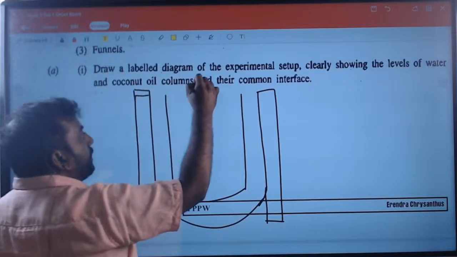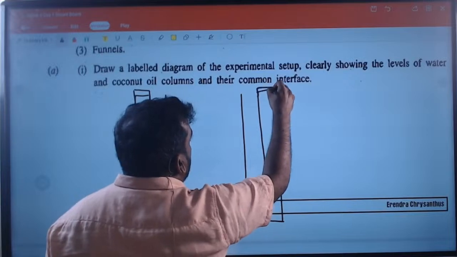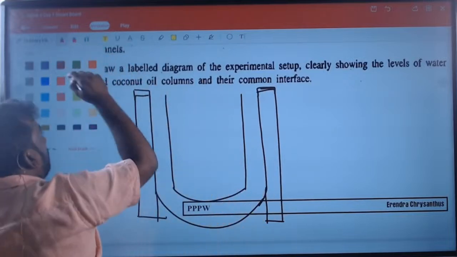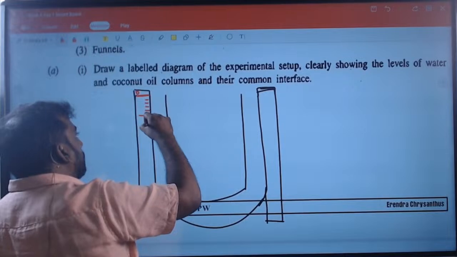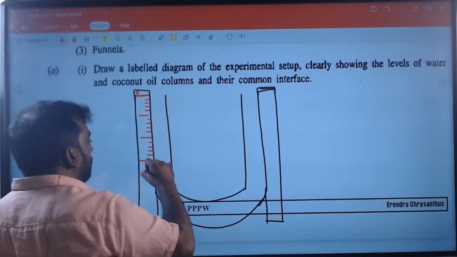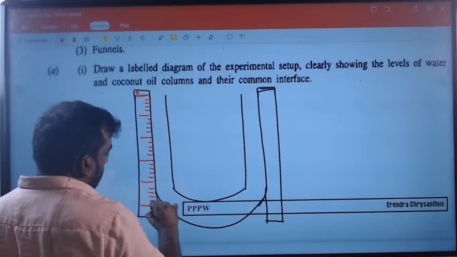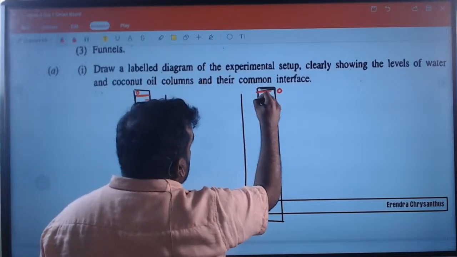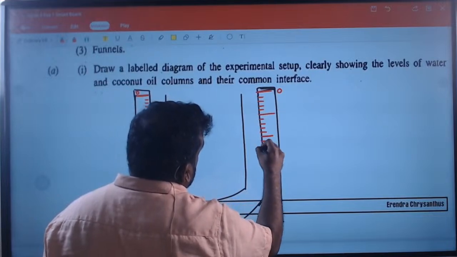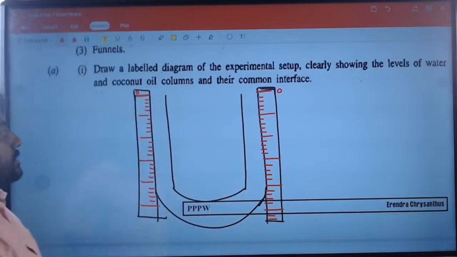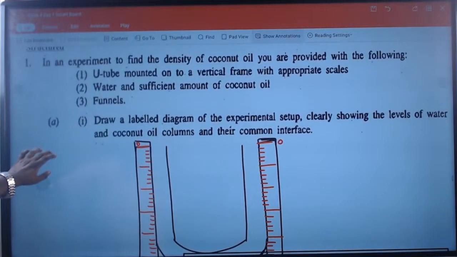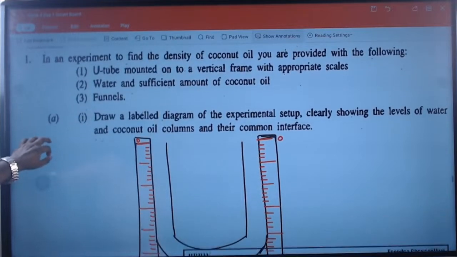Here, zero. Linear scale. What else? Water, sufficient oil, funnel.